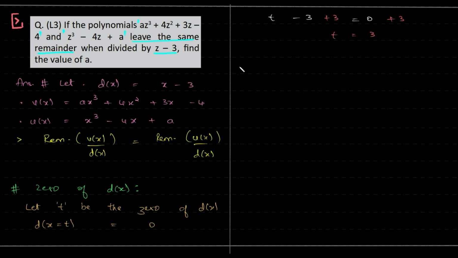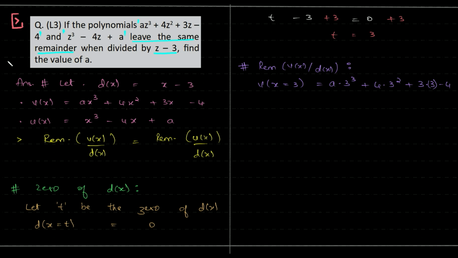Now I have to figure out the remainder of this process. So let's figure out the remainder when v of x is divided by d of x. How do you do that? All I have to do is substitute x is equal to 3, using the remainder theorem. That will give me the remainder. So this will be a into 3 cube plus 4 into 3 square plus 3 into 3 minus 4.